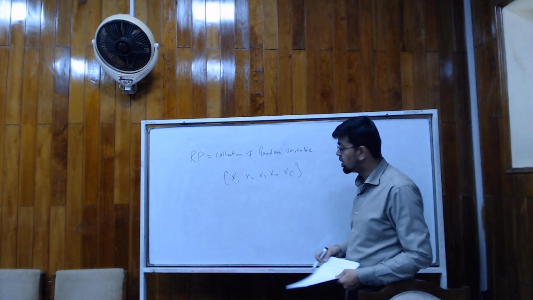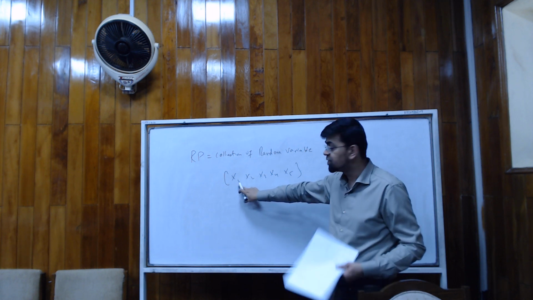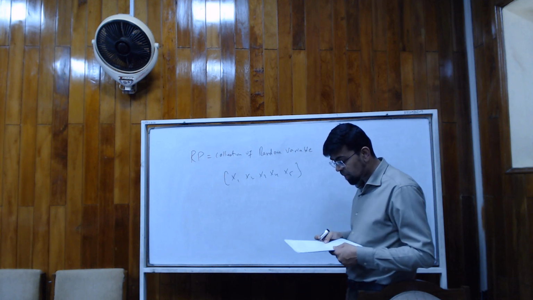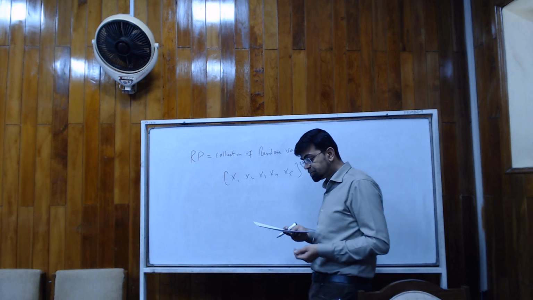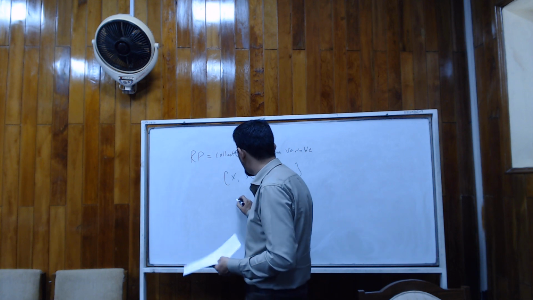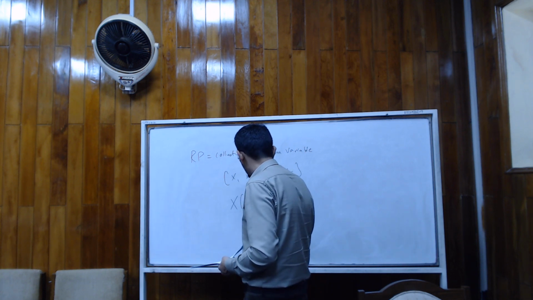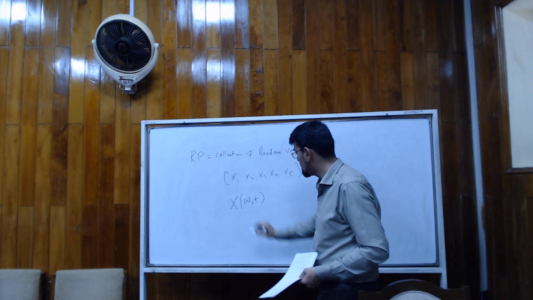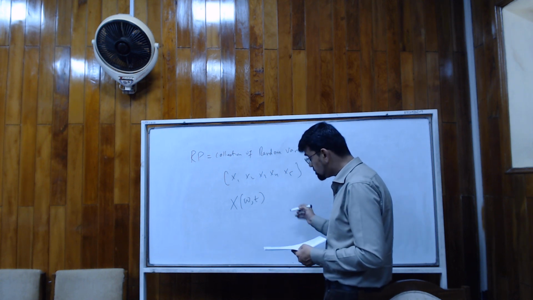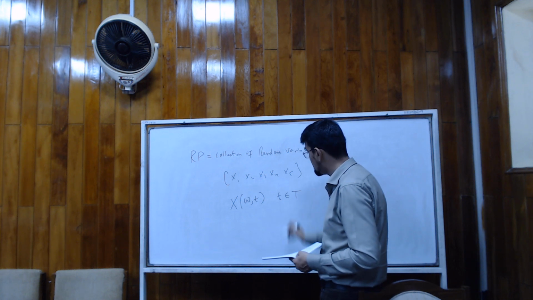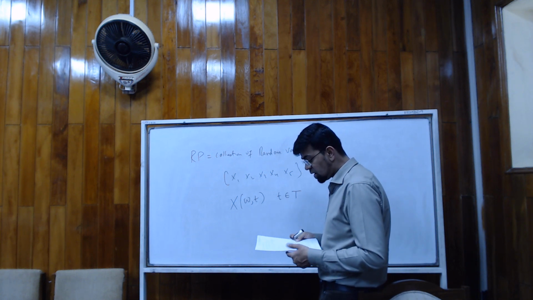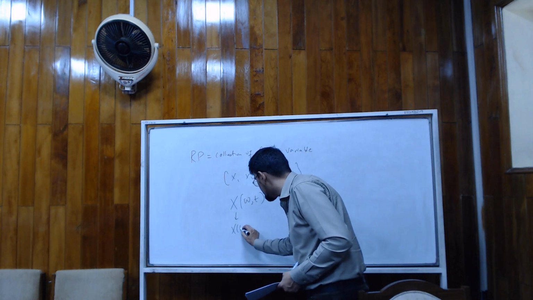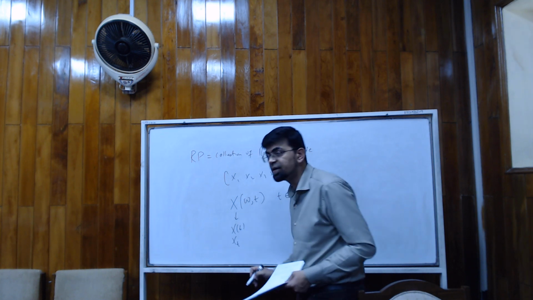Height of the first student who enters the room, height of the second student, height of the third, fourth, fifth, this is a random process. Now we wrote it generally, if you remember. Remember this one? Omega, T was in T, and then we often shorten it to just xt.